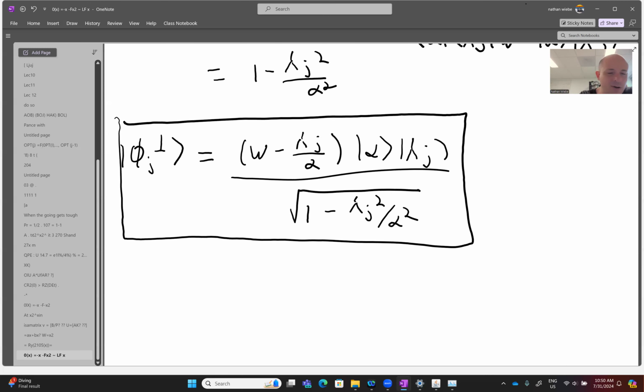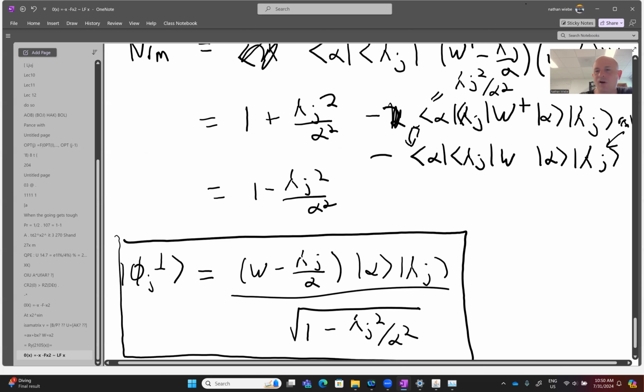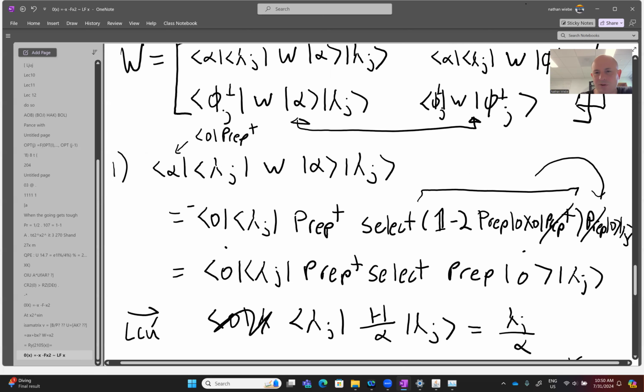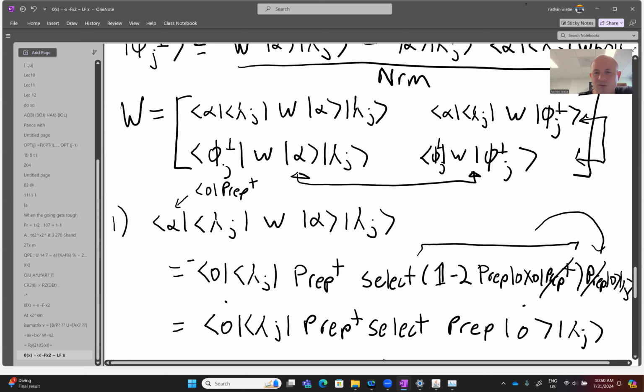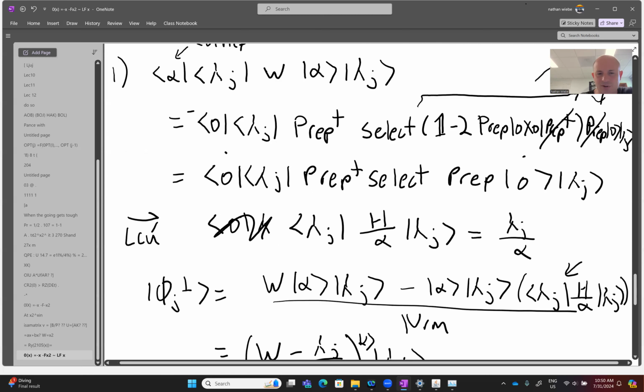So we're going to use that to compute our second matrix element, down here.